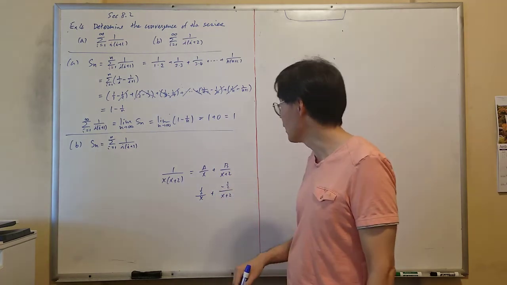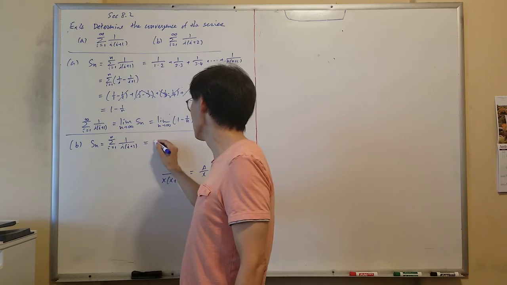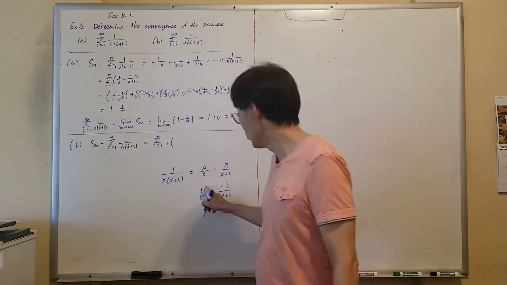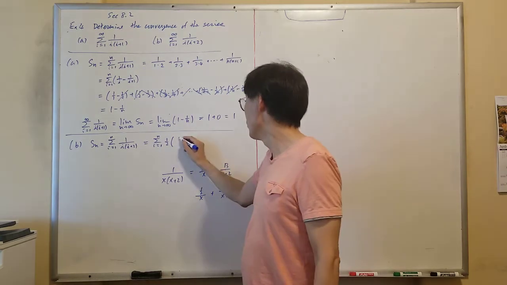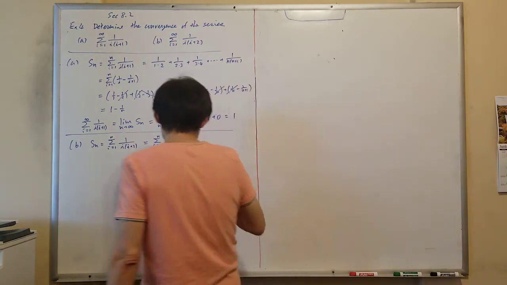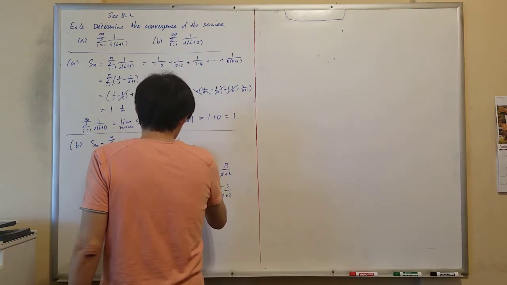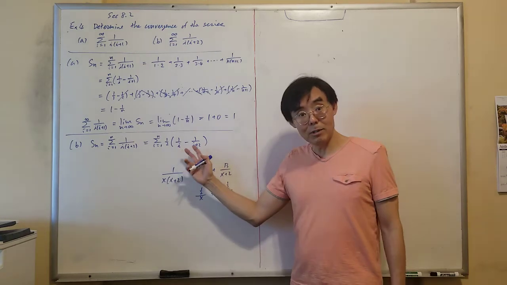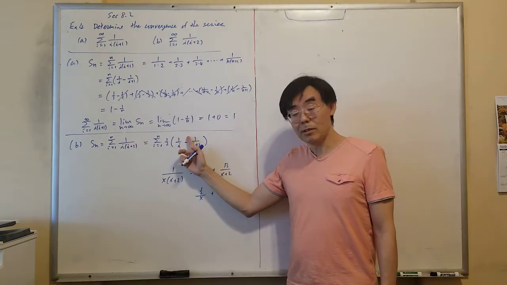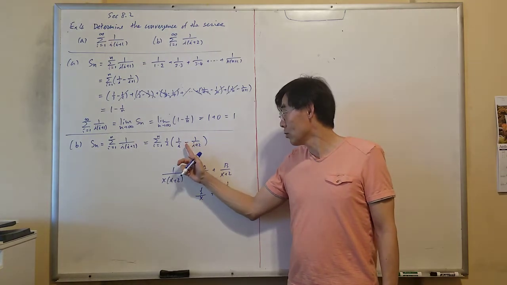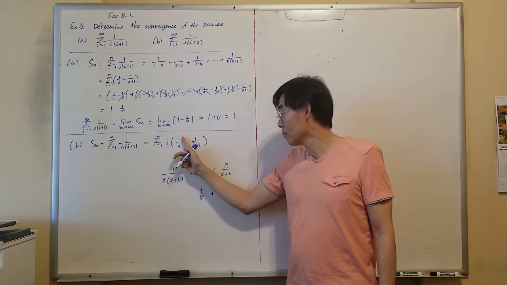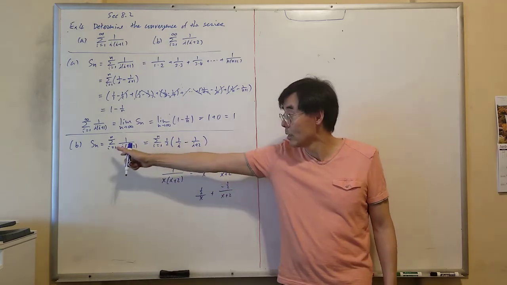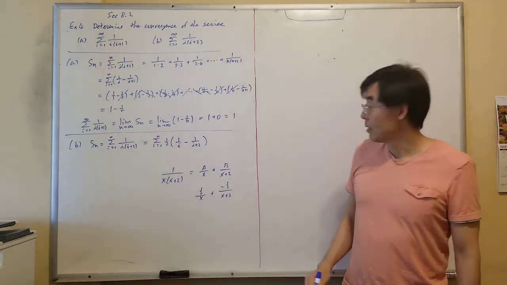The x cancels and 1 remains. Or you can write this one as 1/2 out front, times 1 over I minus 1 over I plus 2. If you combine them together, you will see the common denominator I times I plus 2, and the numerator I plus 2 minus I, so 2 over I times I plus 2. That 2 cancels with the 1/2. So we'll get this. Alright.